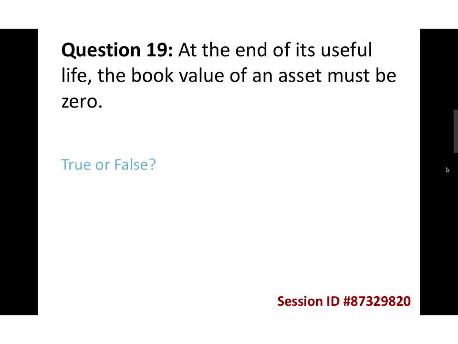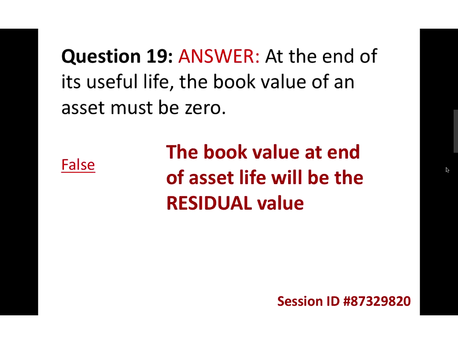If its residual value is 0, that's fine, but it has to be its residual value, which is not necessarily 0. So we are going to close this one, make sure we've got false there. The book value at the end of life is the residual value.